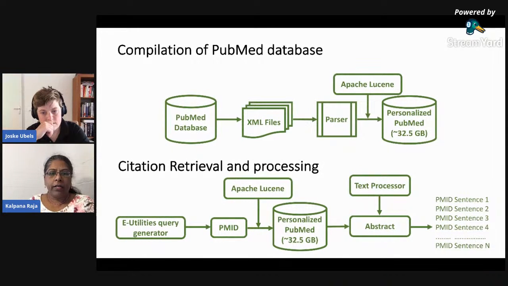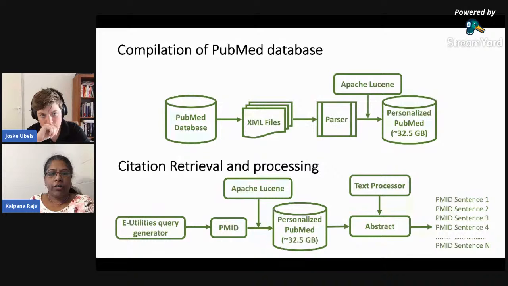As I mentioned already, the main resource for our research is PubMed articles. But text mining researchers cannot use the online PubMed database because there are so many people around the world and everybody wants to access the online database. It will be a disaster. So there is a different way to do this.